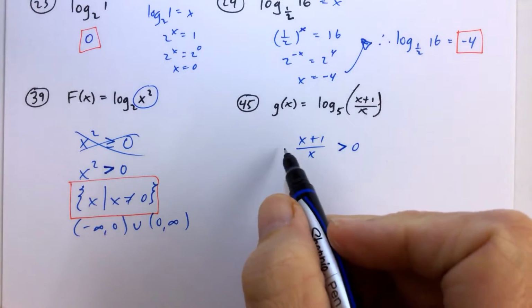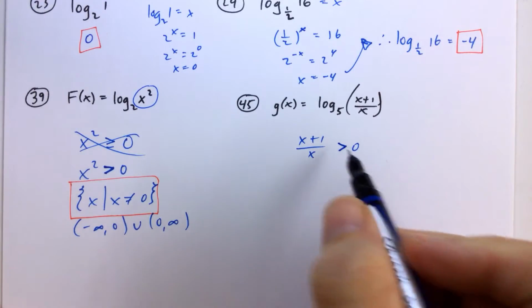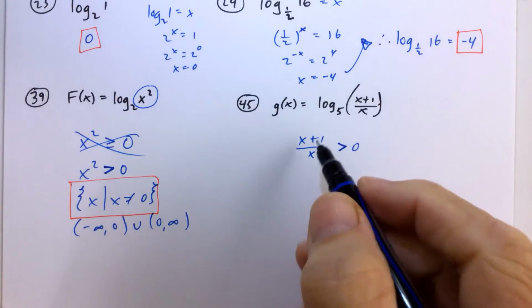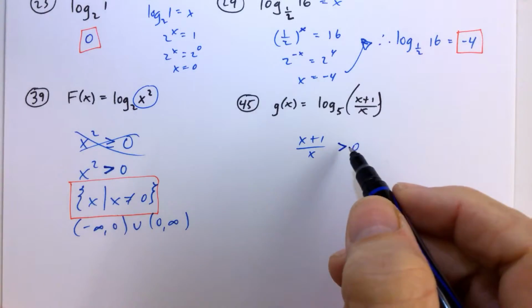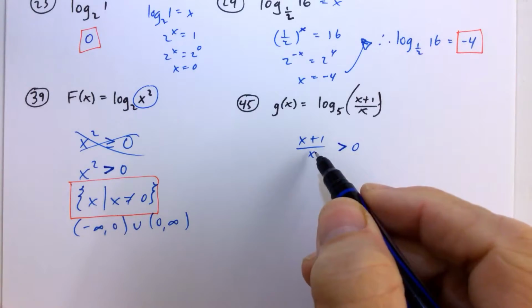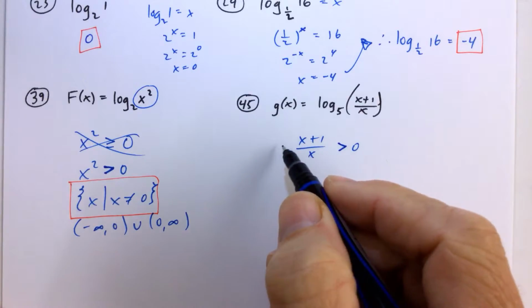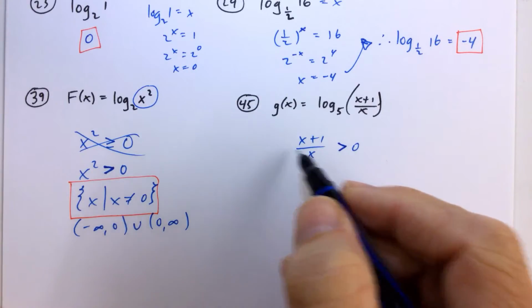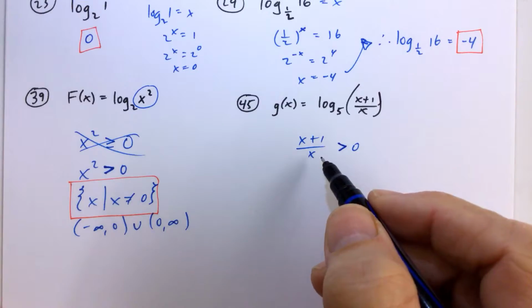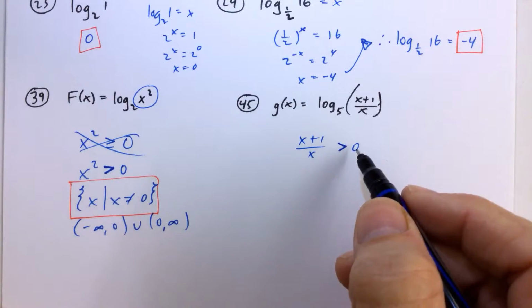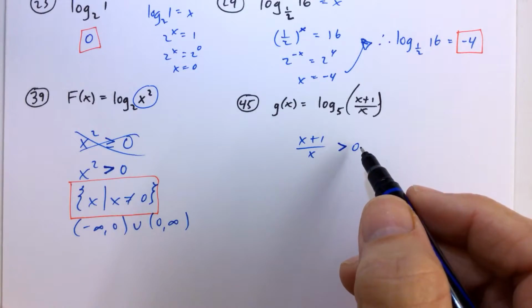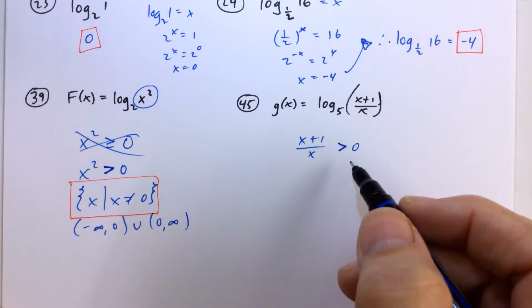If x is a negative number, then you have to flip the inequality symbol. When we were solving inequalities using rational expressions, never did you see me multiply both sides by x, the denominator, to make the denominator go away. The only time you can multiply both sides of an inequality by something is if you know that something is never going to be negative. And we don't know that here.